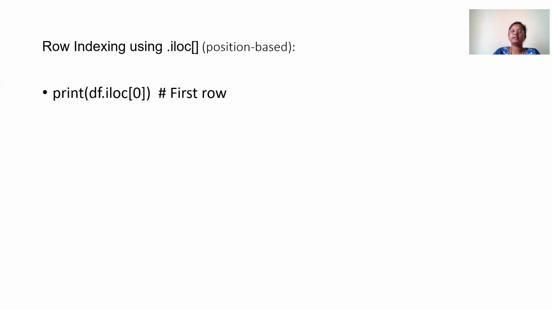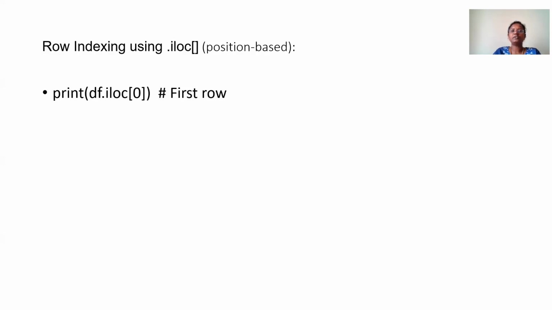That is why, if you give iloc of 0, you can extract the first row values. Whatever values are available on the first row, whether characters or text, you can extract them using iloc of 0.